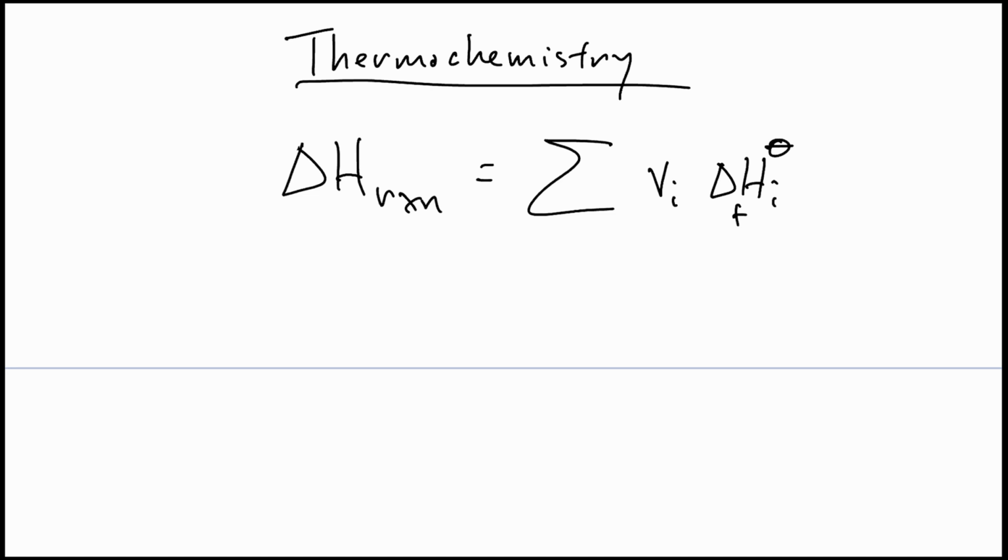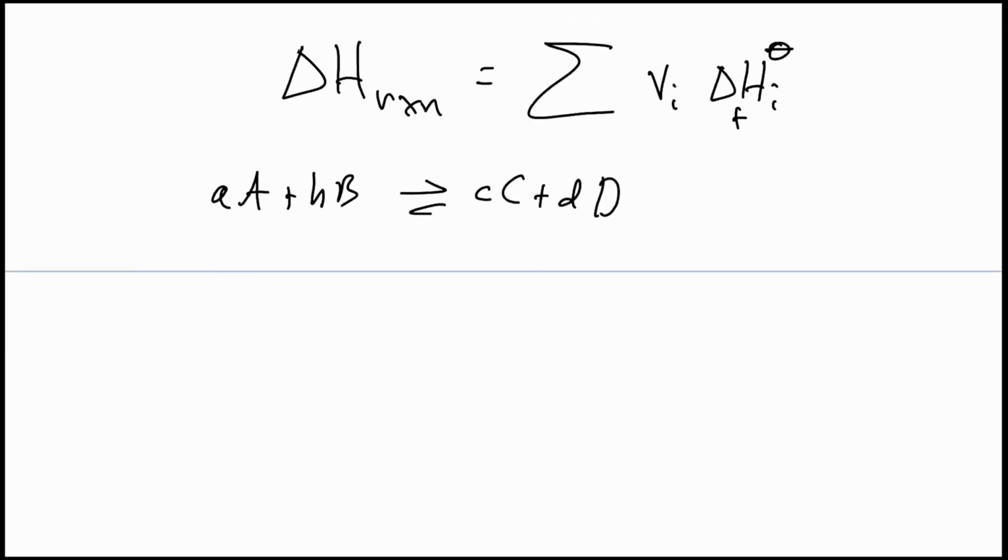Who knows what thermochemistry is? Raise your hands. So, if I have some reaction, like aA plus bB going to cC plus dD, and I say delta H of the reaction. And there's always some weird symbol, which means it's at 1 atmosphere. It's 1 bar, okay? What is a bar?